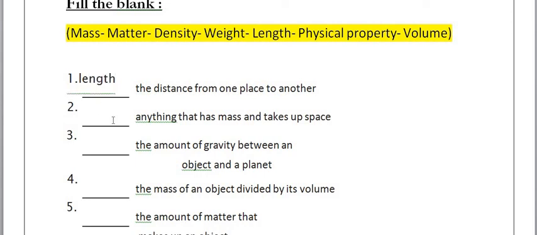Okay, anything that has a mass and takes up a space, it's a matter. The amount of gravity between an object and planet, this is the weight. The mass of an object divided by its volume, we said that this is a relationship between the mass and volume. This is a density.